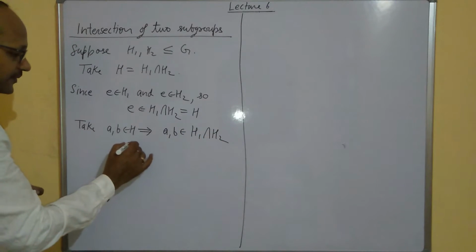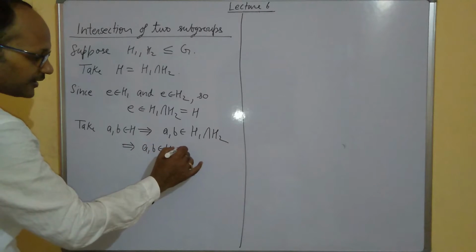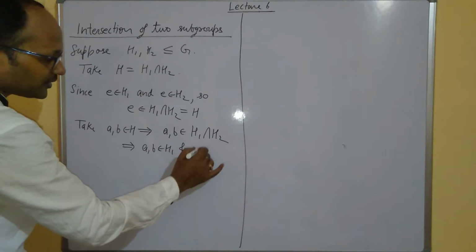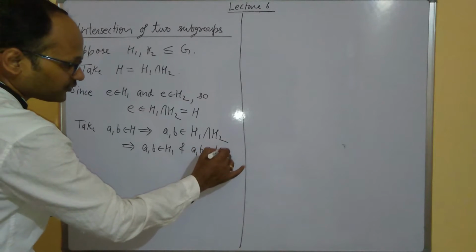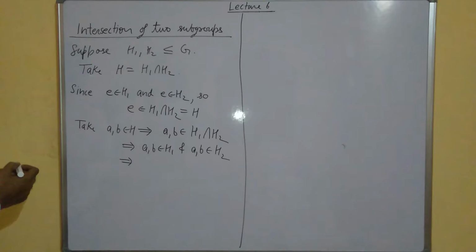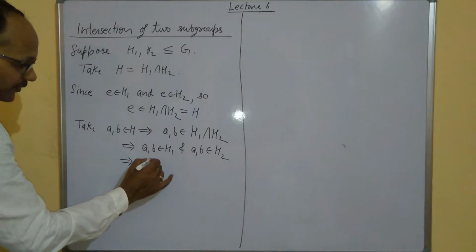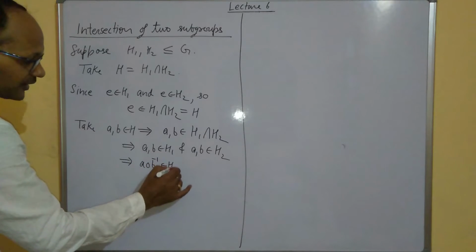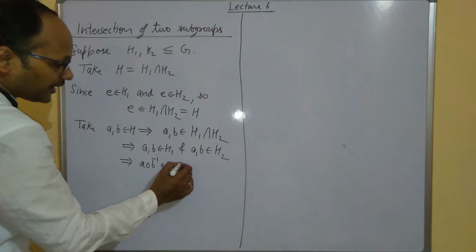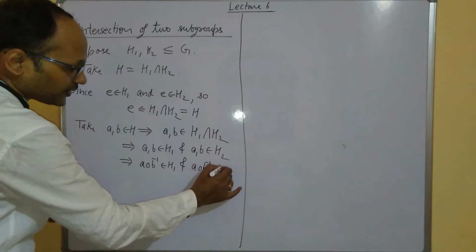So a, b belong to H1 and a, b belong to H2. But H1 is a subgroup, so a composed with b inverse belongs to H1, and a composed with b inverse belongs to H2.